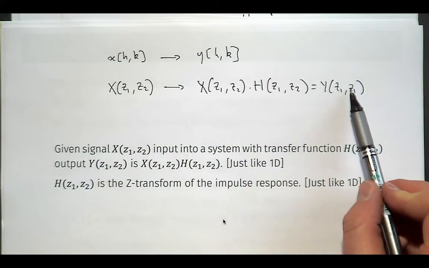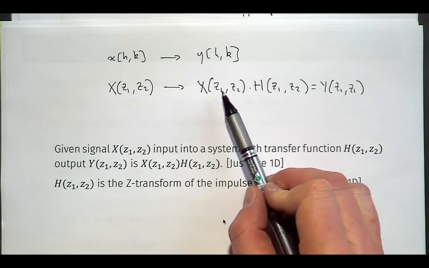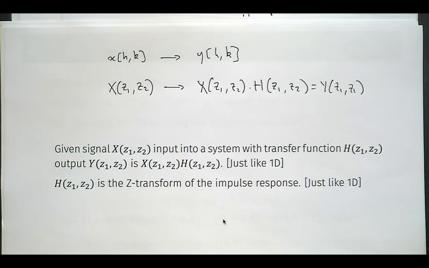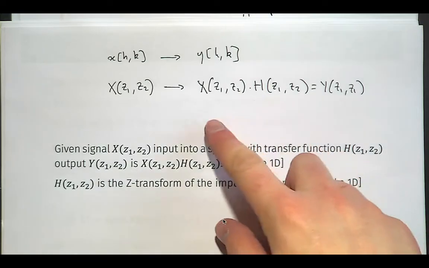The output polynomial is just a multiplication of your input polynomial with the transfer function of your system. And the transfer function, of course, will just be simply the Z transform of your mask. So if you're doing your convolution and you have your mask, then this is just the same stuff.